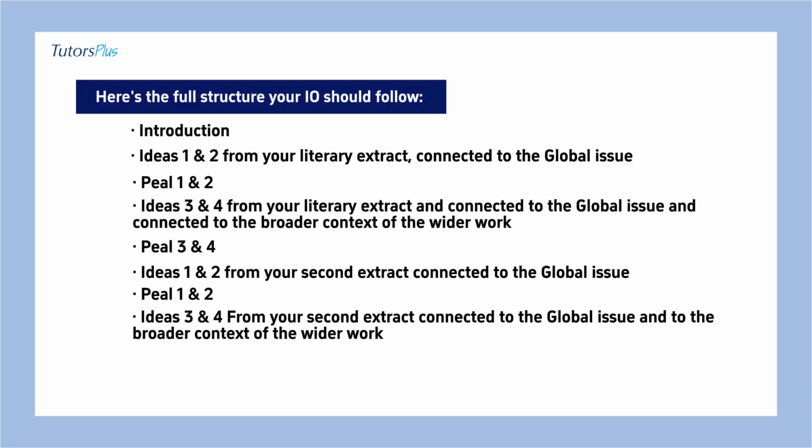Again, you'll get bored of me saying it, connect it to your global issue, and this time to the wider work. And then we do PEEL for ideas 3 and 4 from the second extract. Connect it to the global issue, connect it to the wider work. Has to happen. And then for the 10th bullet, the final reflection or the synthesis.